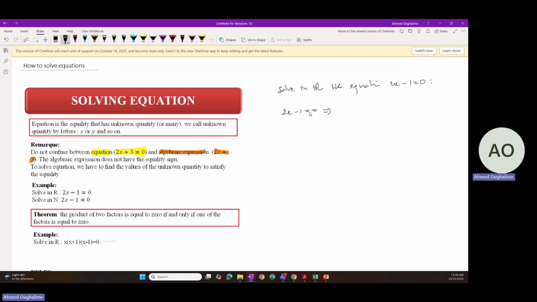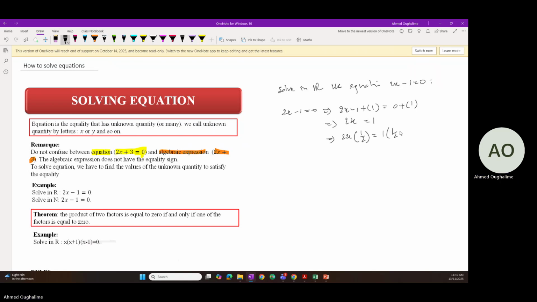So I can add 1 to both sides. So I get 2x minus 1 plus 1 equal 0 plus 1, to get rid of the negative 1. Then I get 2x equal to 1. Then I can divide both sides by the same number, meaning I multiply both sides by half.